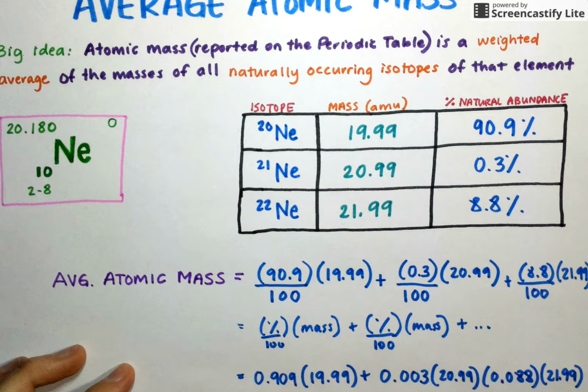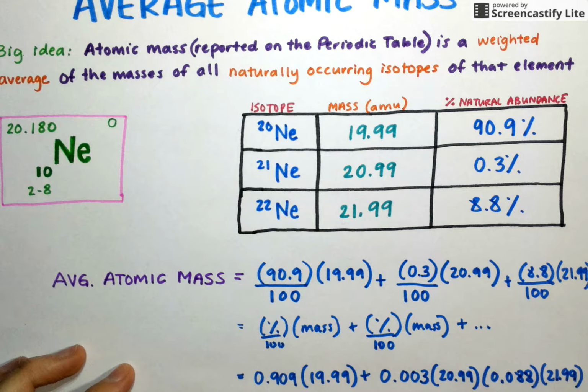So 90.9 divided by 100 is 0.909 times 19.99 plus, and this is why I don't typically convert to decimals to begin with, people tend to mess this type of conversion up, 0.3% is equal to 0.003. I'm going to multiply that by 20.99. And this 8.8 is 0.088 times 21.99.